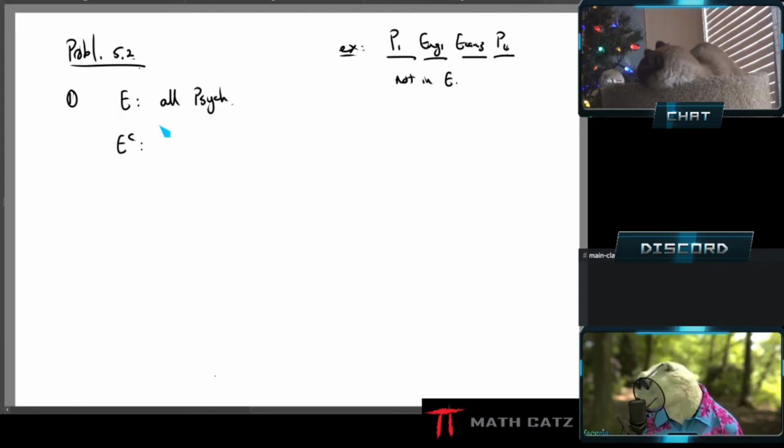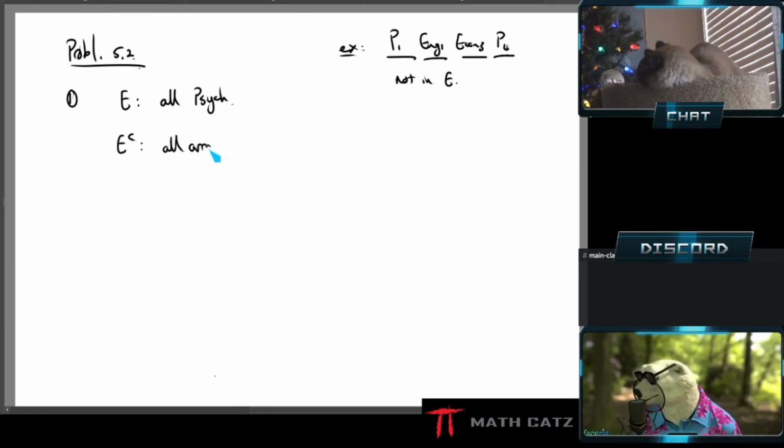Therefore, I have to rephrase the complement so that it covers these ones. I can't say no psychology books. Then this one's not an E complement either. It has to be somewhere. So I have to phrase it a little bit more general.